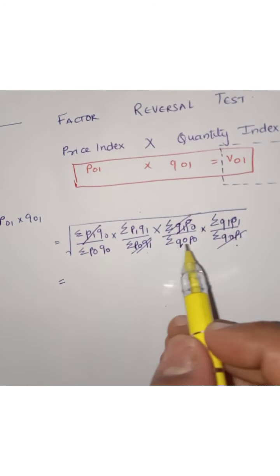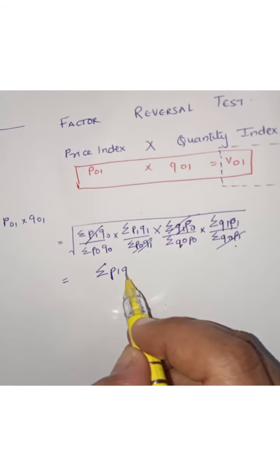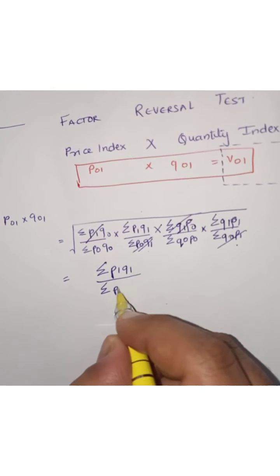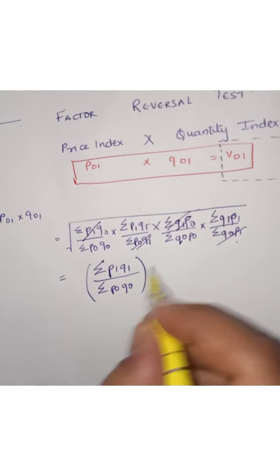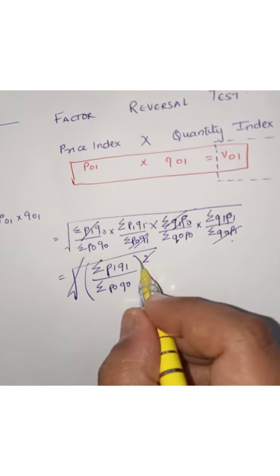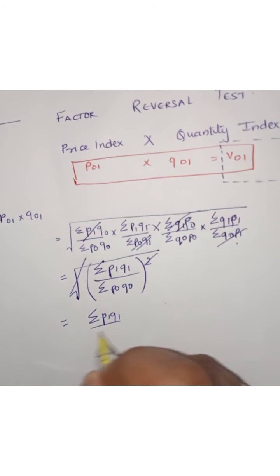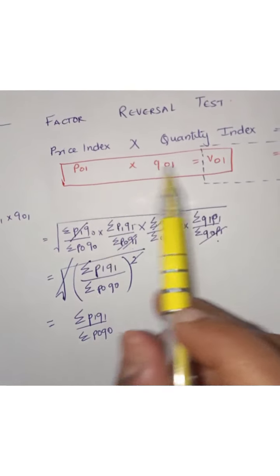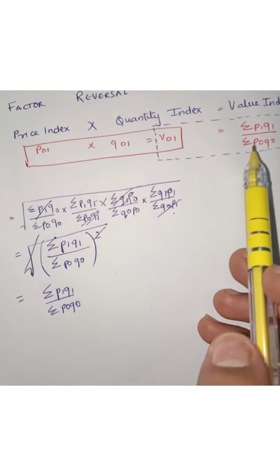If you closely observe, we can see that both are given twice. So let us write down summation of P1 Q1 divided by summation of P0 Q0. I can see two terms, so I am going to square it, and we are also writing it under square root. So square root and square will get cancelled and the remainder is summation of P1 Q1 divided by summation of P0 Q0. Is that my value index? Let us check. Summation of P1 Q1 divided by summation of P0 Q0.